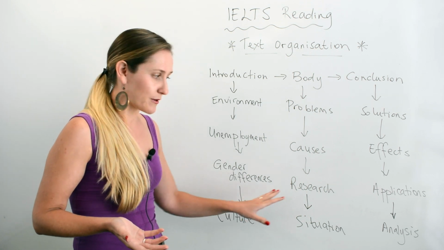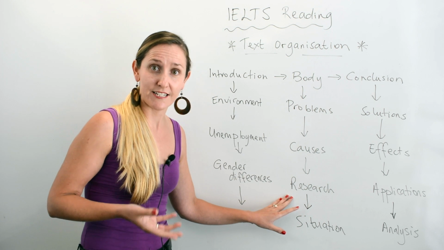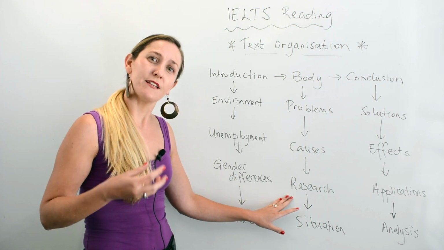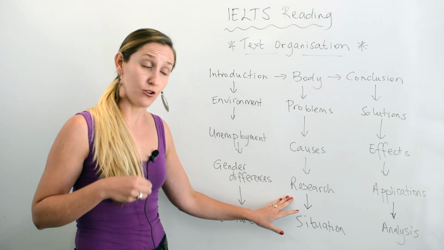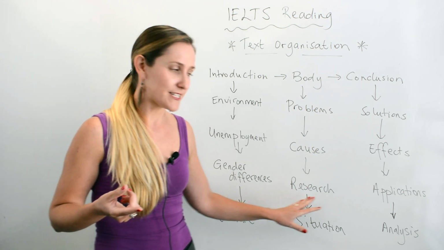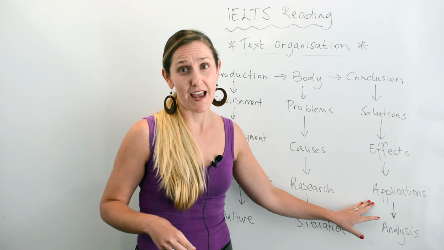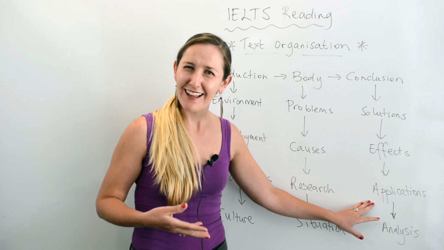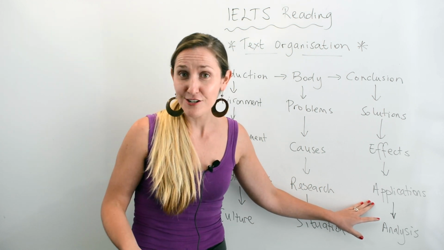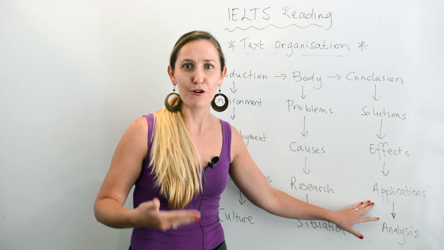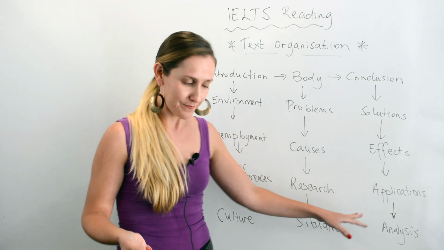They might conduct some research which they are analysing to see what are some differences in the ways that boys and girls learn. And then they might discuss how we can apply this research in the classroom today. And again, it's unlikely that they would talk about applications of research before they talk about the research itself.